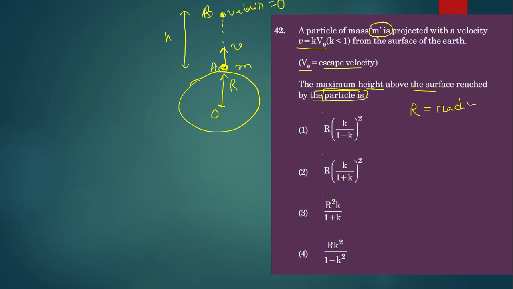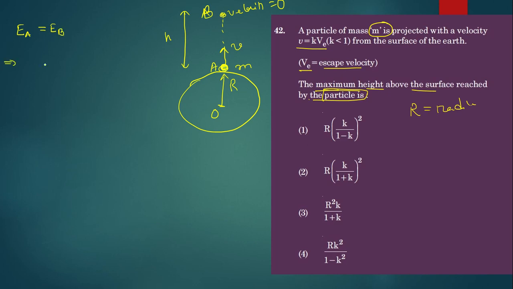Now how will we solve this question? We will simply write down conservation of mechanical energy. We know that gravitational force is a conservative force, and whenever a conservative force is in question, we can always apply conservation of total mechanical energy. So total mechanical energy at A must be equal to total mechanical energy at B. What is total mechanical energy at A?